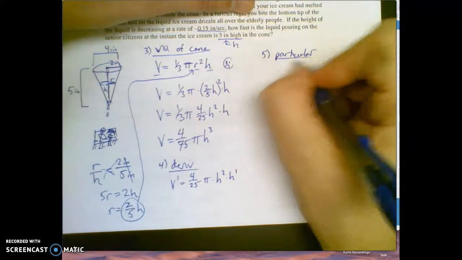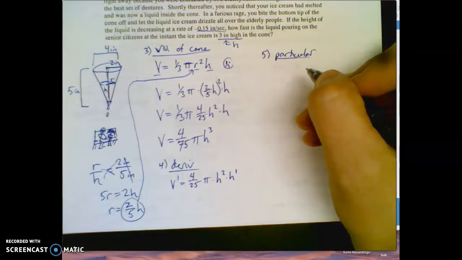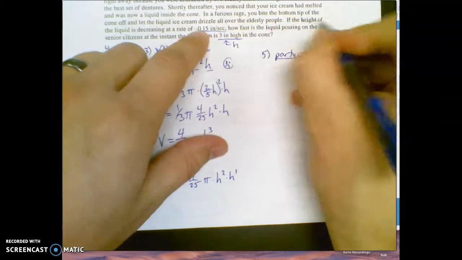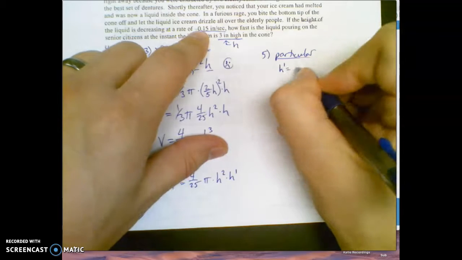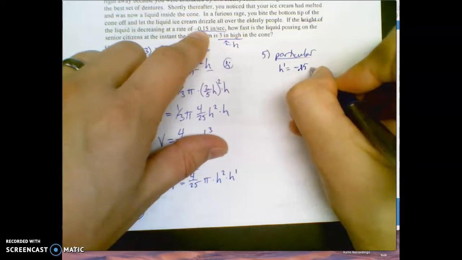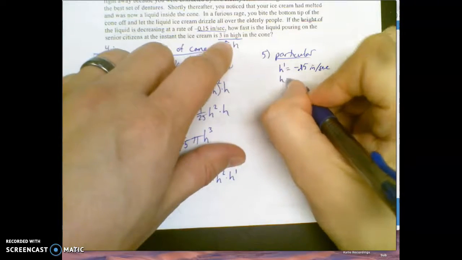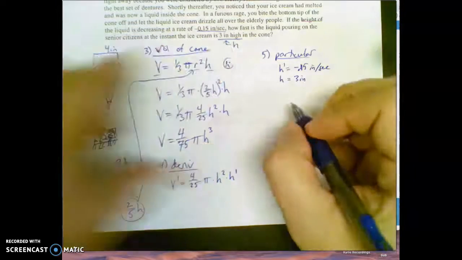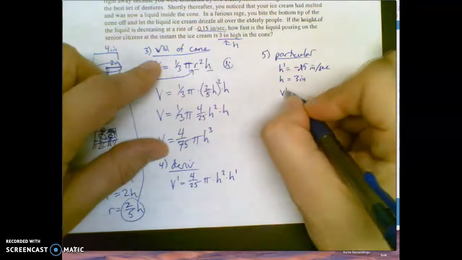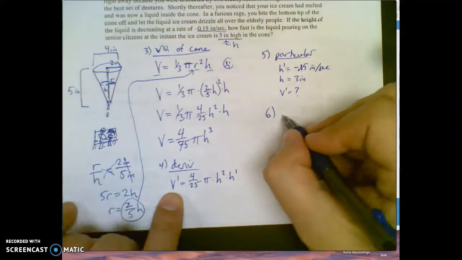So we're going to have particular information of, let me see. So we got this height is decreasing, so that's an h prime of negative 0.15 inches per second. We have h at that particular time is 3 inches high. V prime I don't know, but now I can go ahead and plug stuff in.